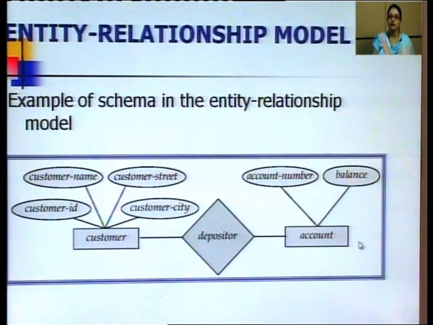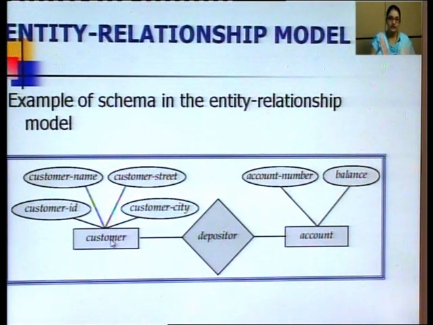Here in the diagram you can see this is the entity relationship model, which represents the relationship between various entities. Here we have one entity customer and a second entity which is account. Depositor is a relation which associates the customer with the account, meaning a customer can have as many accounts as he wants.